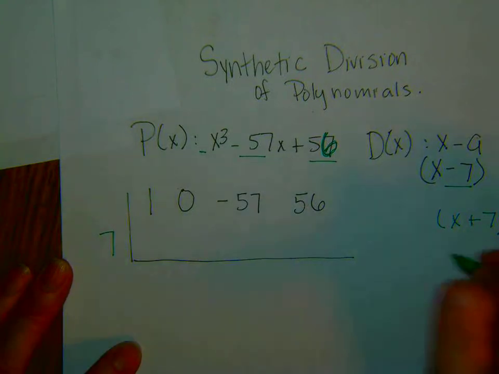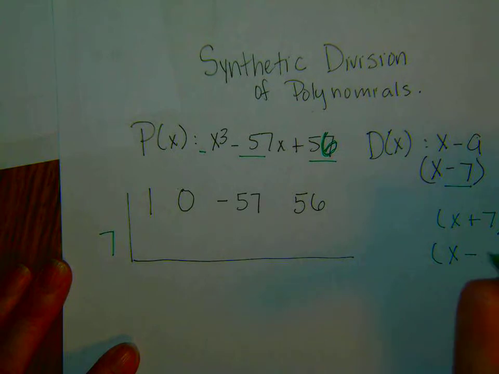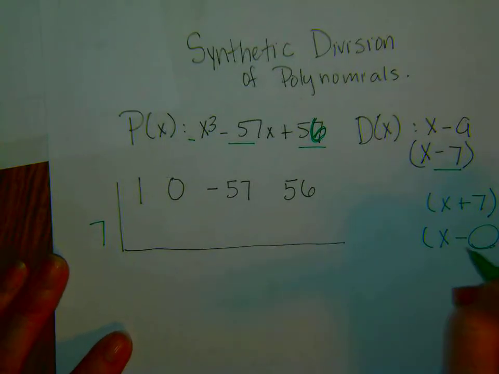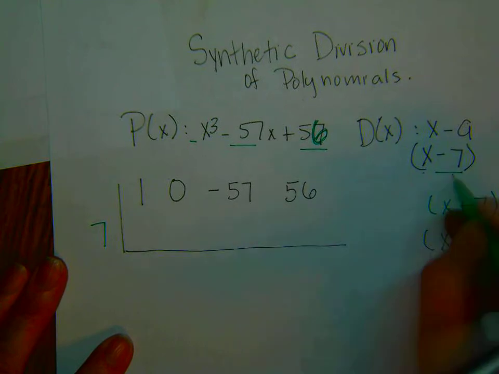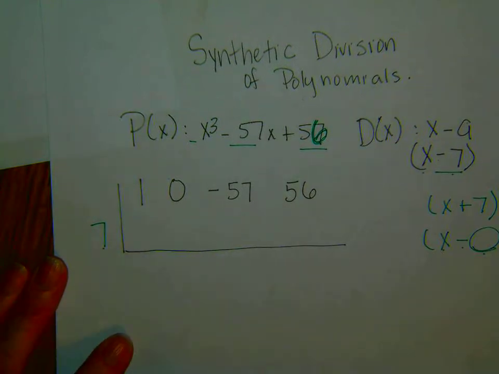This is in the form, as we're very familiar with, x minus the variable. Remember, change the h, keep the k. So this is actually x minus a positive 7, so we're going to divide by the positive 7.